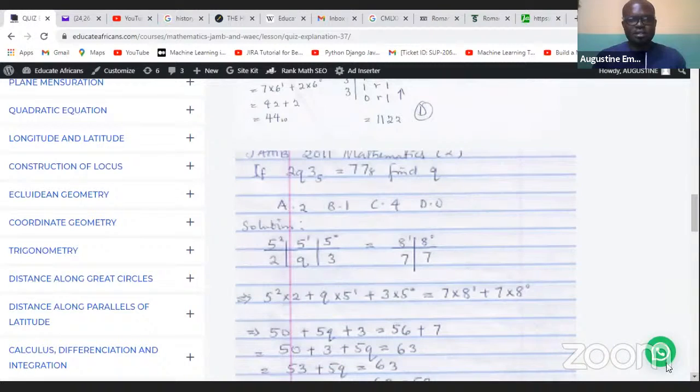And please, can somebody try this one? If 2Q35 is equal to this, what should be the value of Q? WAEC is not going to ask us something as difficult as this, but sometimes JAMB can come out with it, so use it and drill yourself.